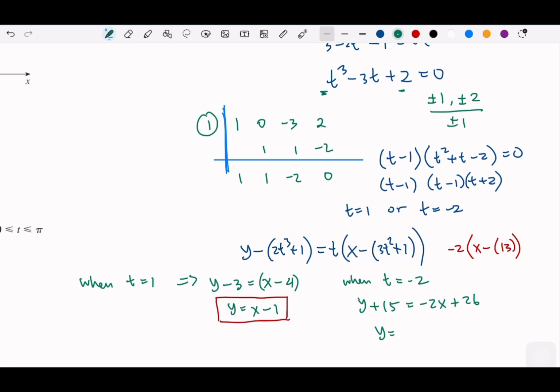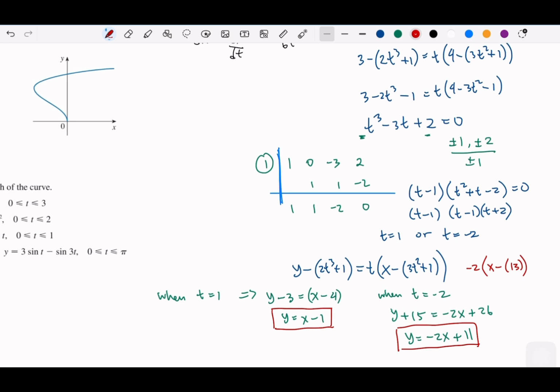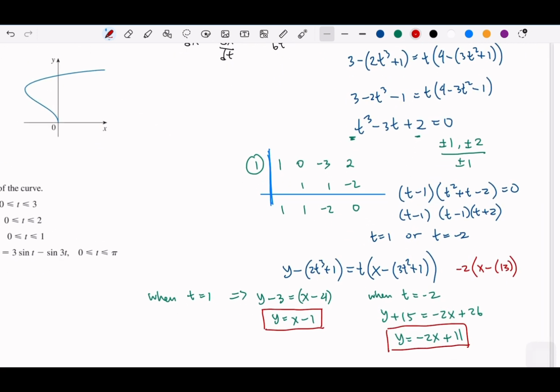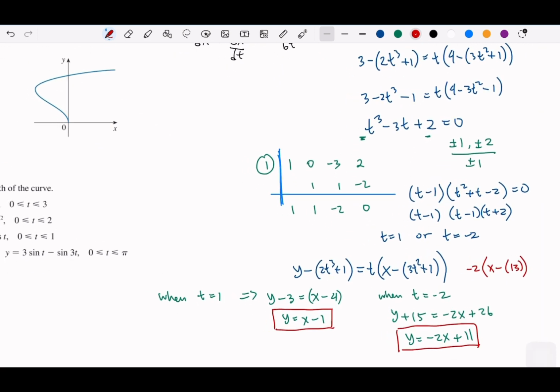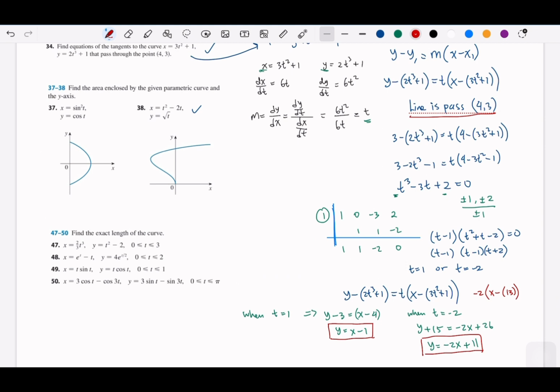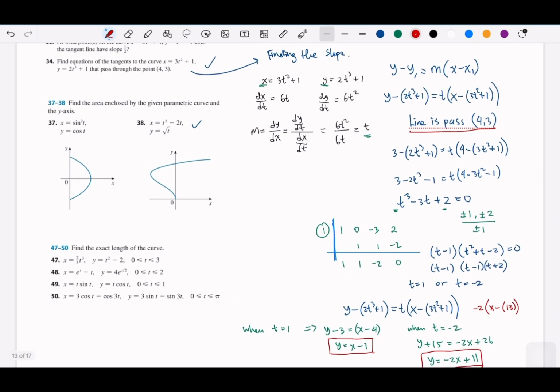So y equals -2x, 26 minus 15 is 11. Okay, that one. I expected this to be short, but it's not short. That's everything. So we have two tangents at that point.